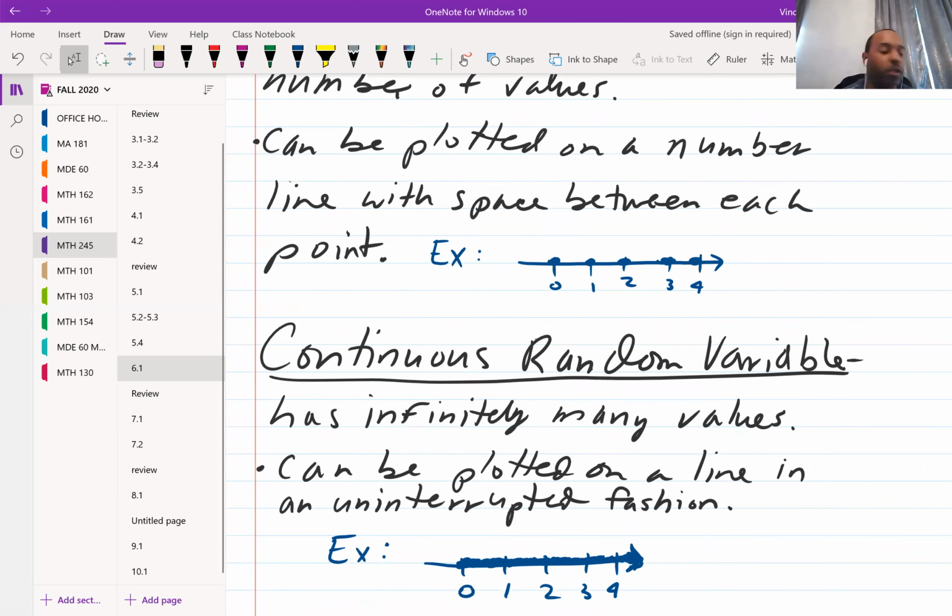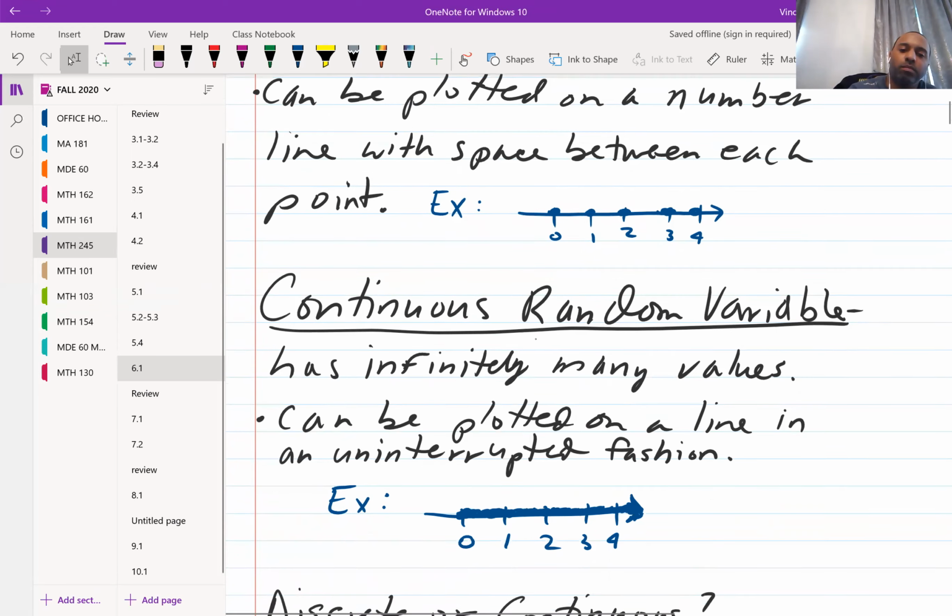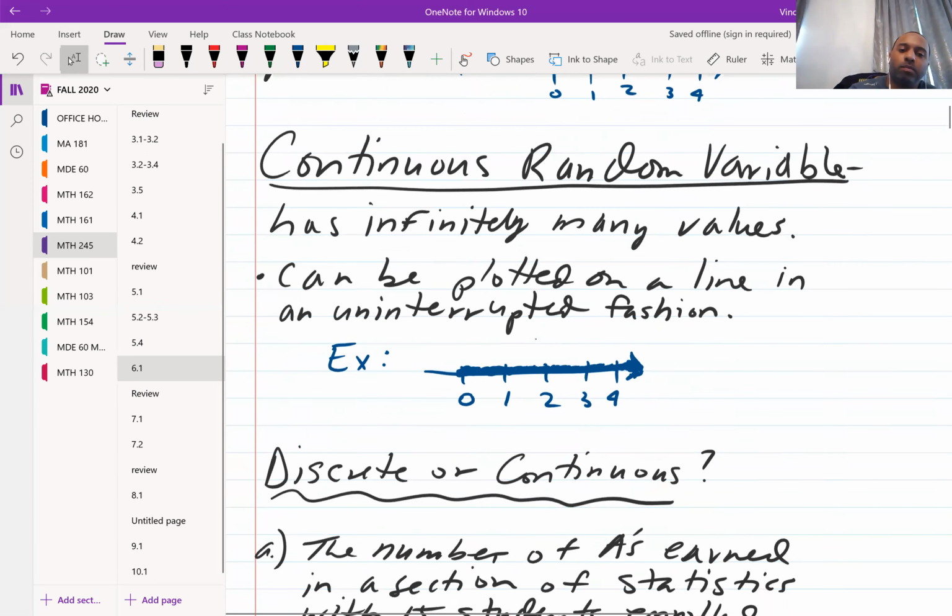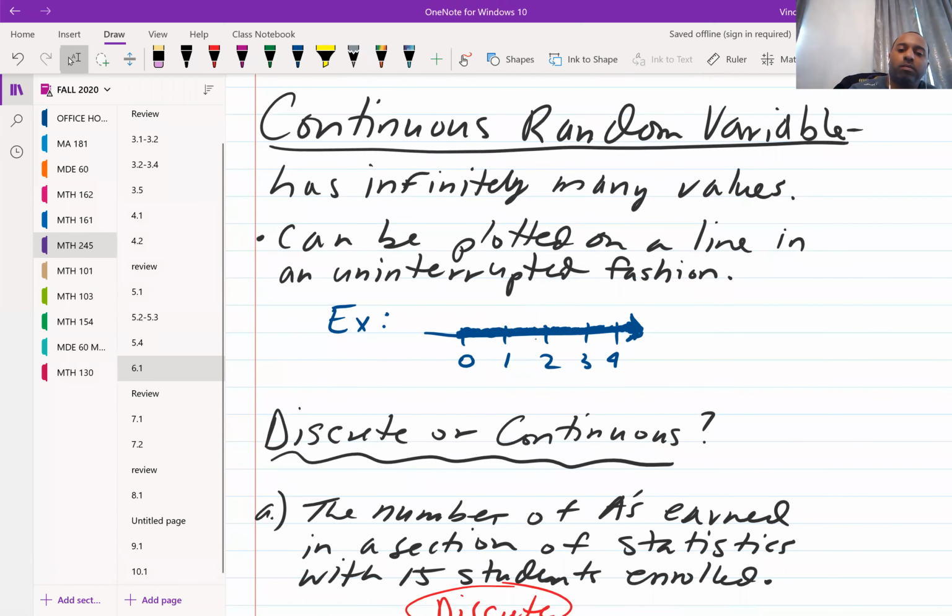Like I said, when we see the examples, you see a clear-cut difference between the two. All right, so first exercise, discrete or continuous.